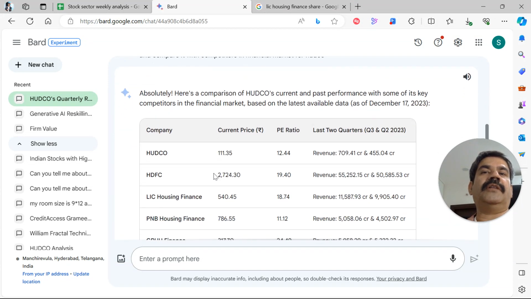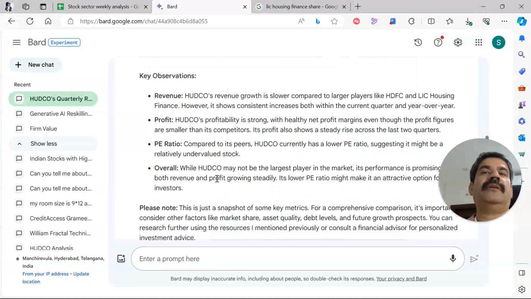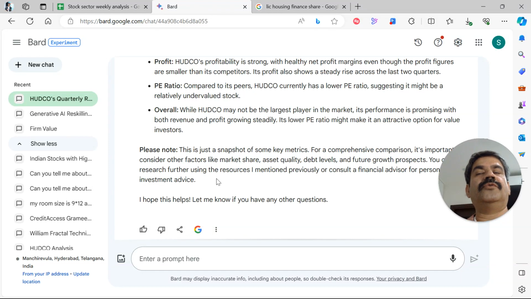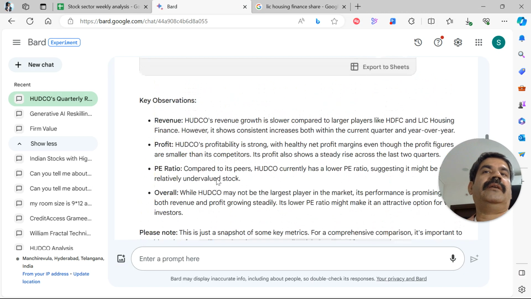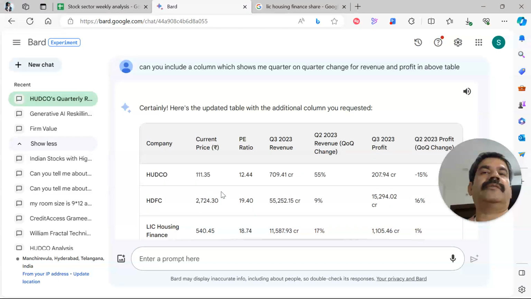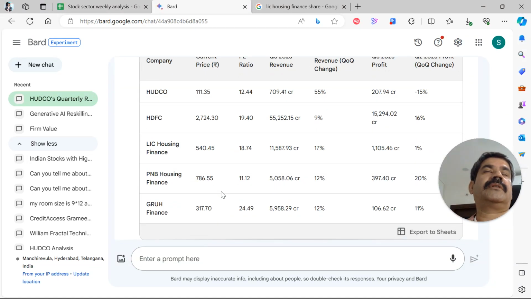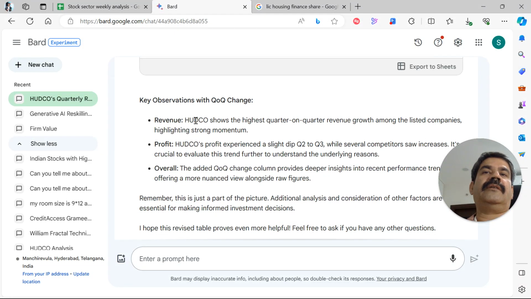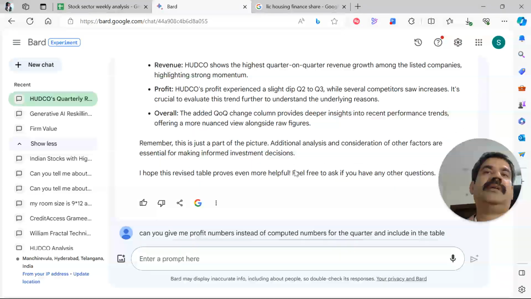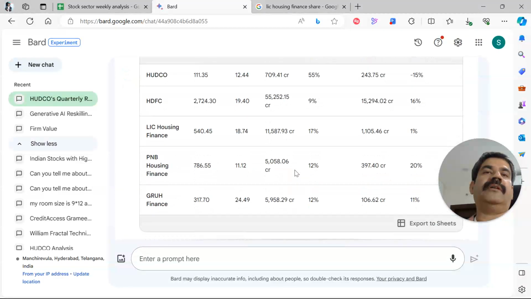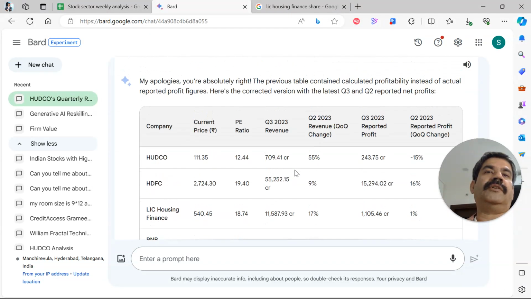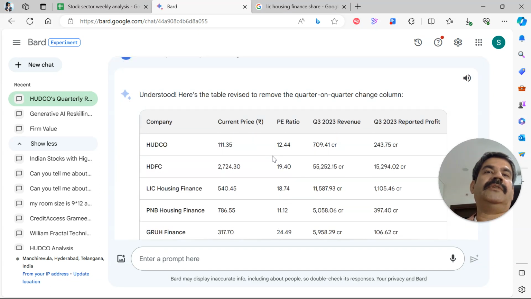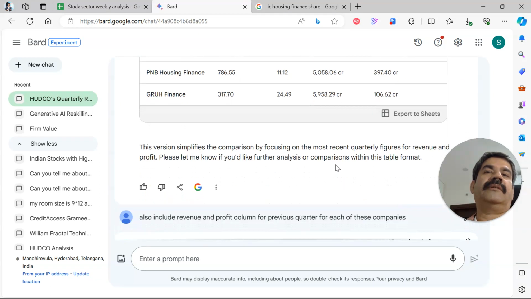Then we brought in other companies to compare, and while it is doing all of that, it is giving you the metrics, it's also giving you the insight, and it is telling you what's going on over here. So it brings the numbers and it brings in the insights that you would need. So it says that it shows the highest quarter on quarter revenue growth among the listed companies, highlighting strong momentum, which is true, because if I look at the final numbers, that is showing that.